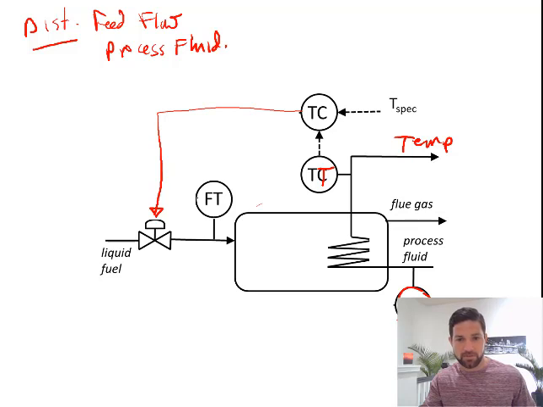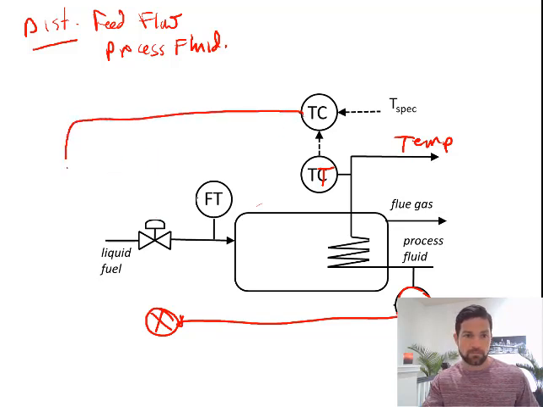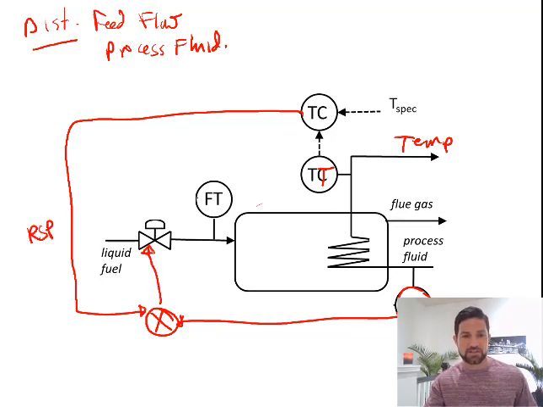The measured disturbance is going to go to our ratio controller because the disturbance is a feed. The primary control loop is going to provide our remote set point, and then the controller is going to change the valve position.